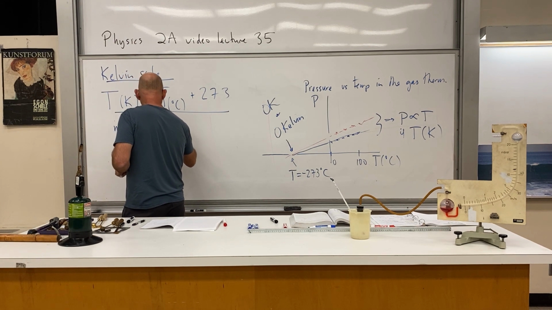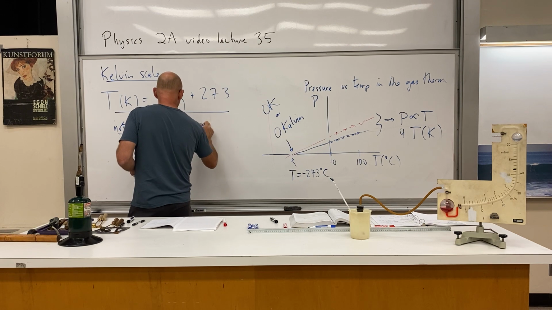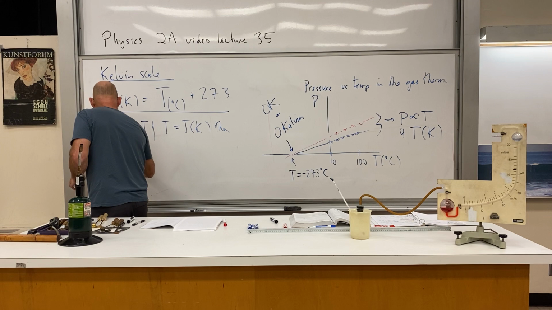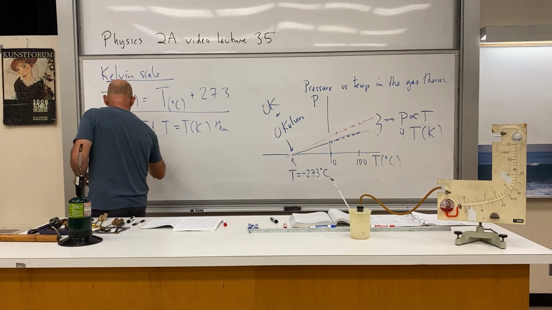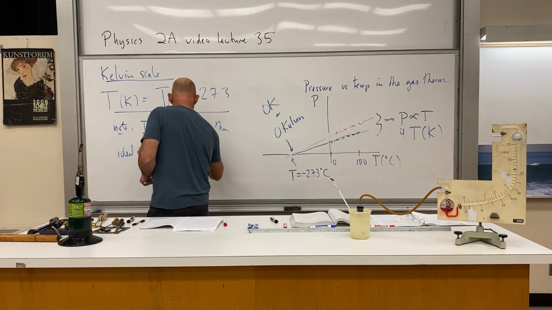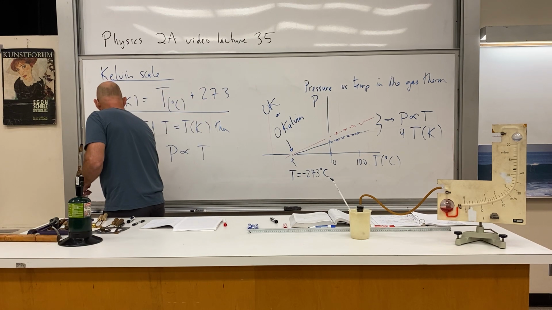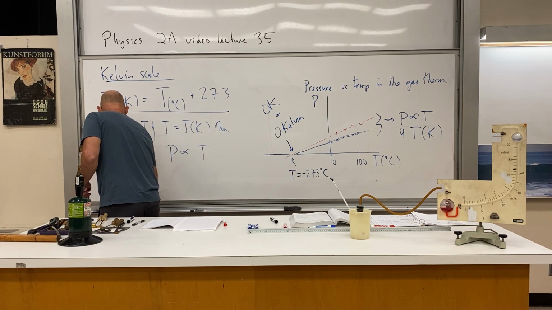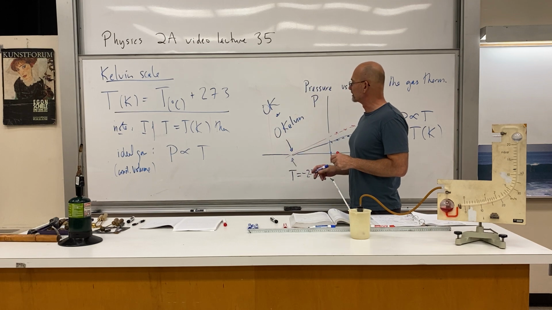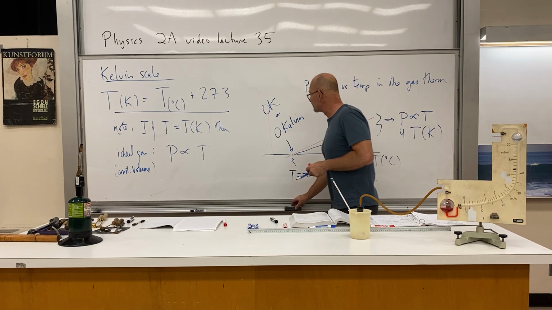If T equals T Kelvin, then for the ideal gas law we have pressure proportional to temperature for constant volume. We're not going to write the whole thing down until a little bit later. Okay, so far that's what we have.